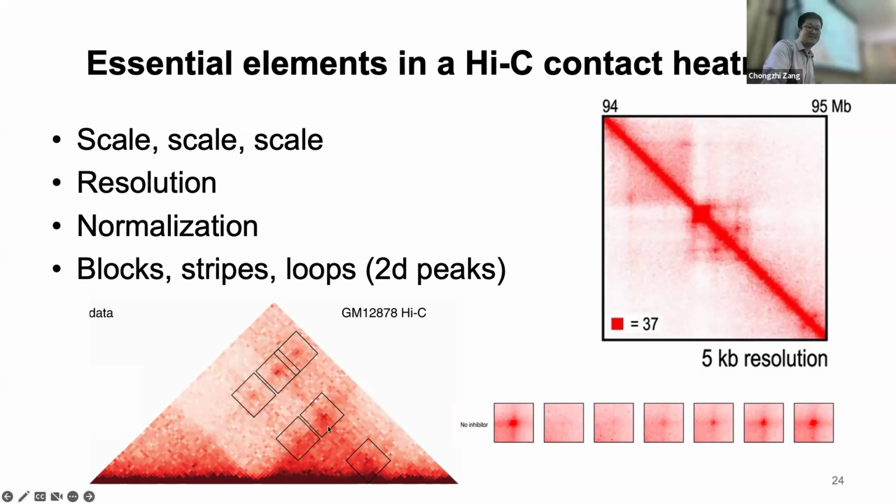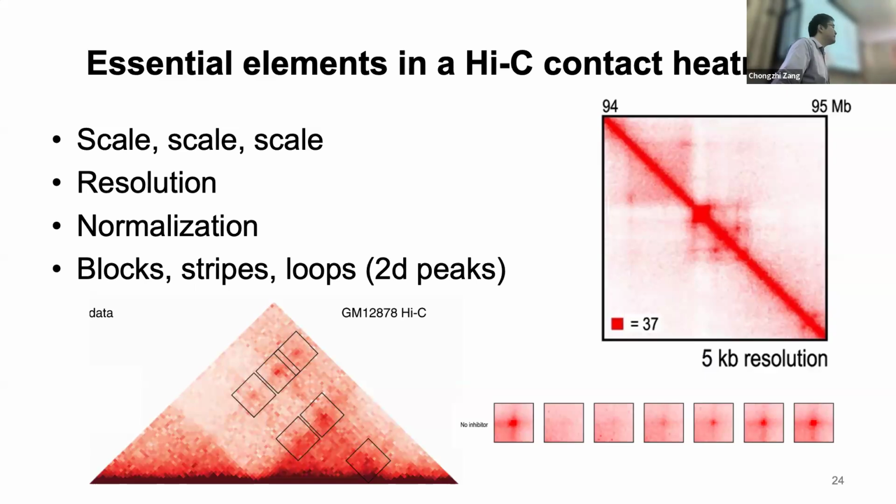But where we see the local interactions, which are the diagonal line in the rectangular map, that is down here, the base of the triangle. And these regions are usually not where we are most interested.